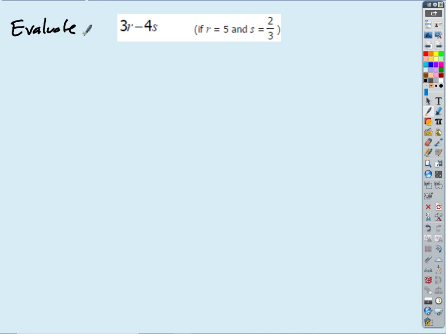We're plugging those values in for the variables and simplifying the result, right? That's all we do. So here's a good hint when you do this stuff. I know this is really basic, but this is a good habit to get in for later on when things get tougher. Every place where we used to have a variable, I'm just going to open up a set of parentheses so I can plug a value in where that variable used to be, where the r used to be, right?